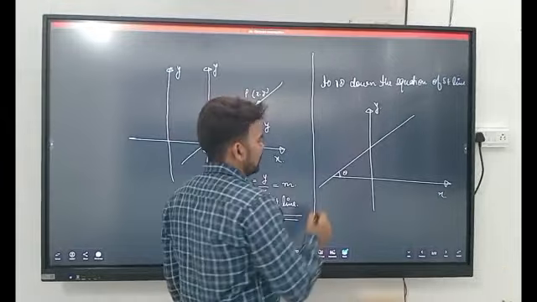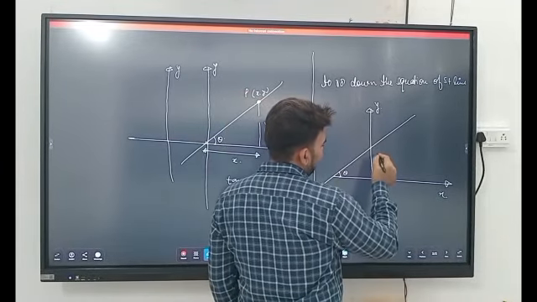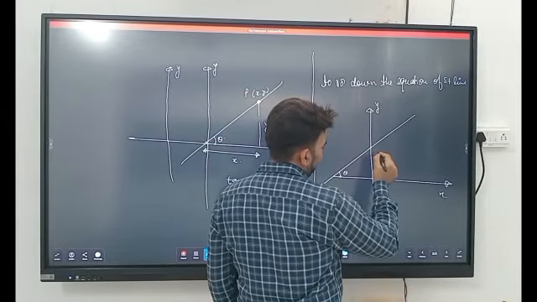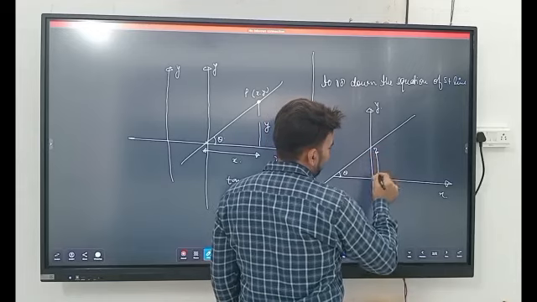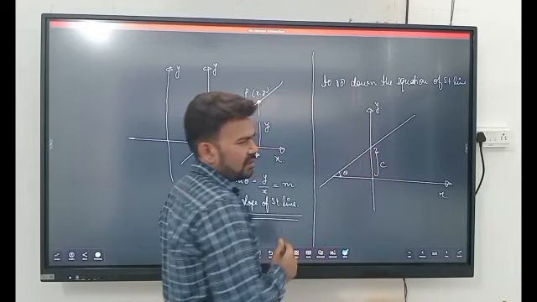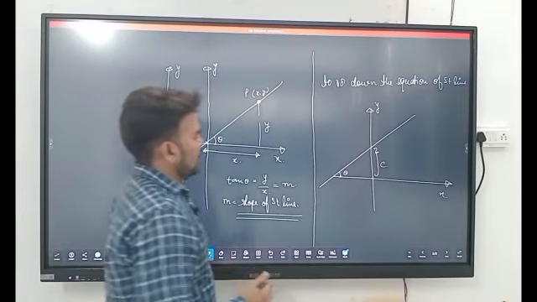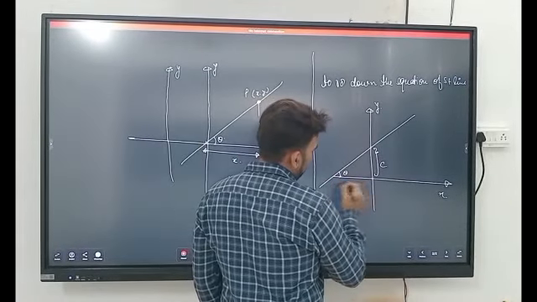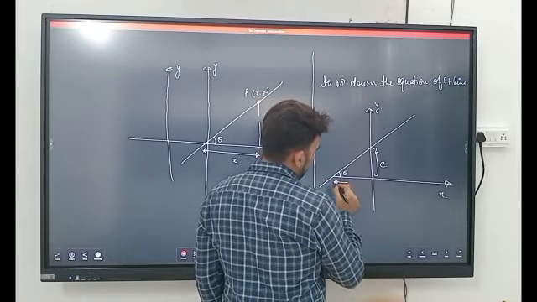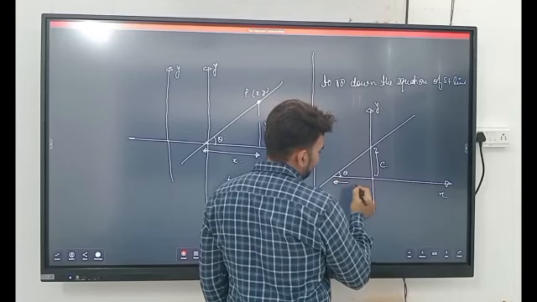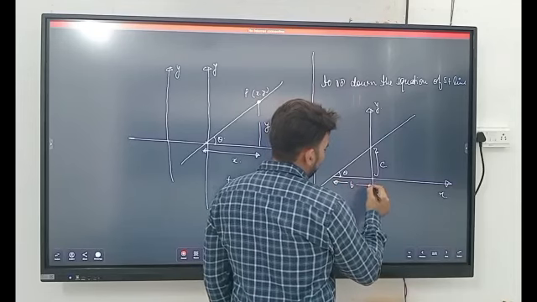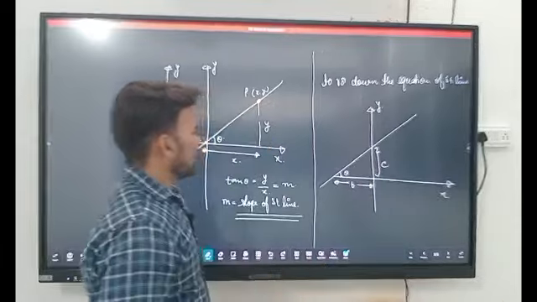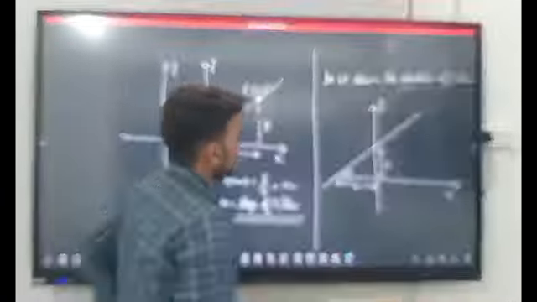Got that? This is tan theta. This is called the intercept by the line on the positive y-axis, and this is the intercept of the line on the x-axis. That is, suppose B. No use of it, but I'm writing it down just now. Listen to me very carefully.